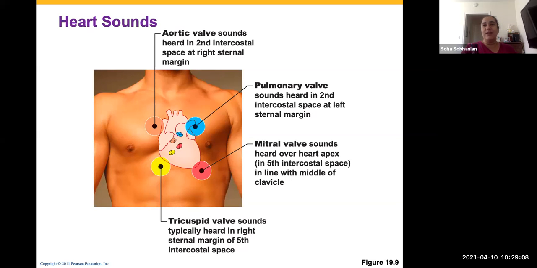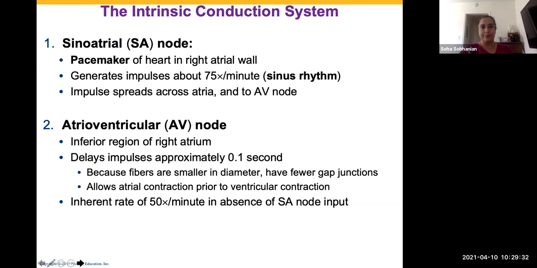And that's the reason, when the doctors keep moving their stethoscopes when they're listening to the heart, what they're listening to is each of these valves and making sure that the valves are working properly and you don't have a valvular stenosis or an incompetent valve. That's what they're actually listening for. Okay.